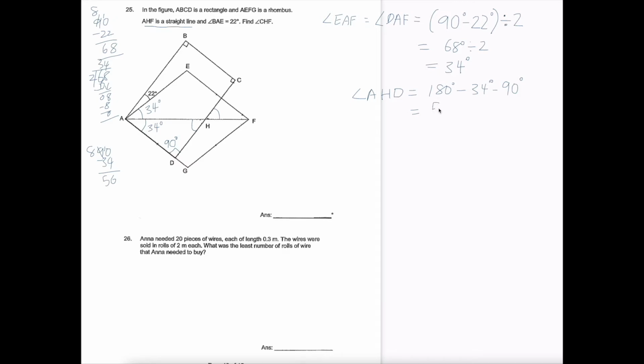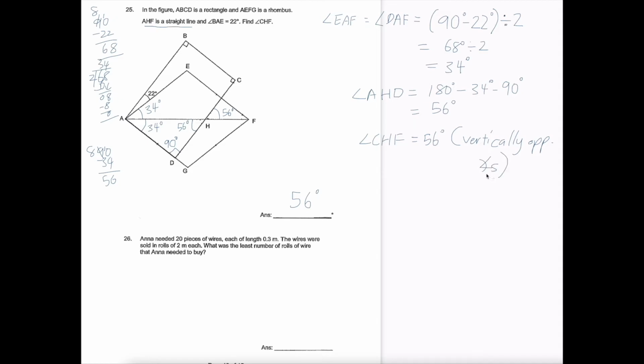So AHD is 56 degrees, and this just means that this is also 56 degrees. So my answer will be 56 degrees because of vertically opposite angles.